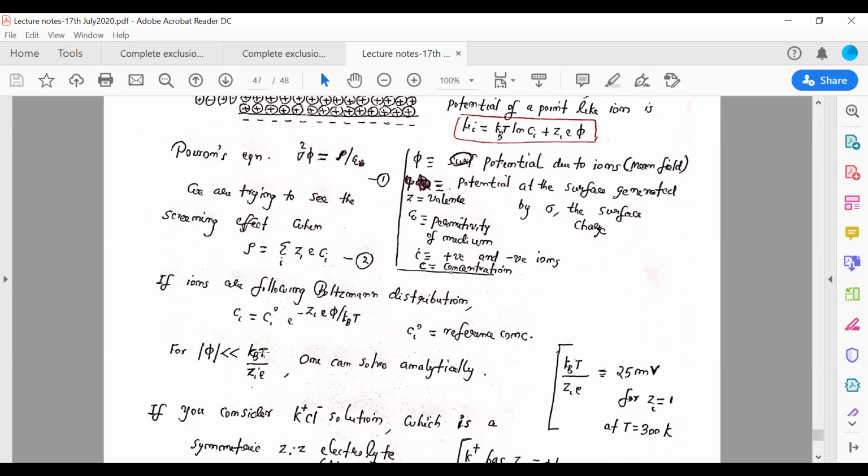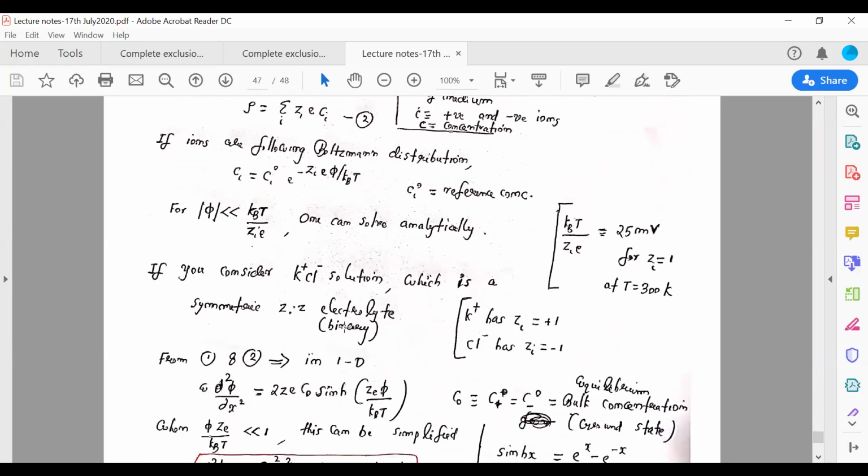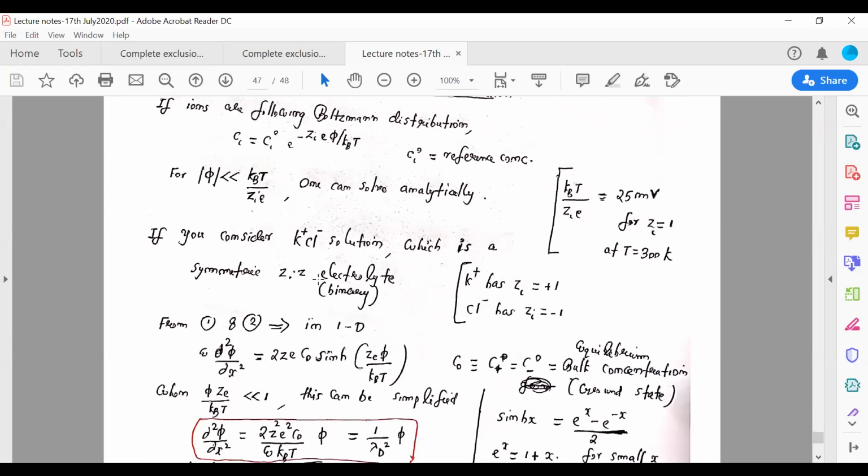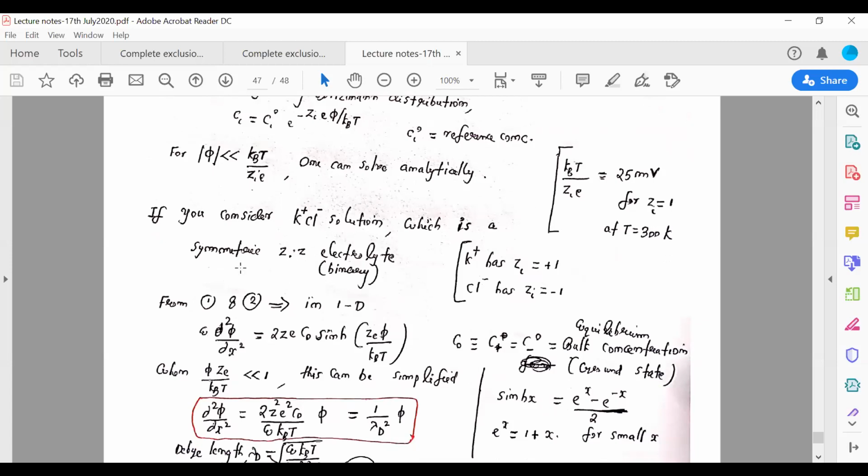So there is a distribution which is governed by the Boltzmann distribution. You can simplify this for a binary electrolyte like ZZ, like +1 -1. Or if you take calcium chloride, then it is Z to Z, that kind of configuration. So we are taking a simple case of symmetric electrolyte.